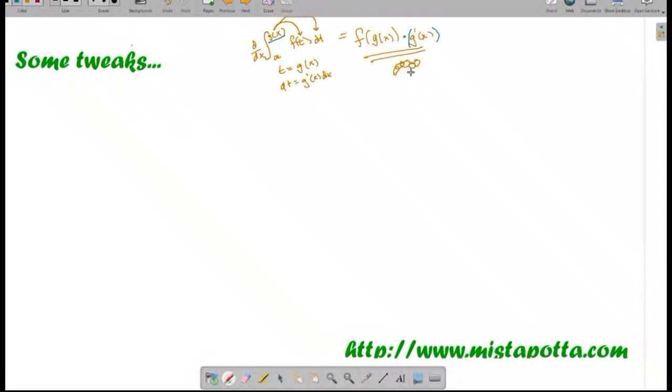The second tweak that I have is I could end up with the situation where I'm taking the derivative with respect to x of an integral that goes from x to b. In other words, these limits are put in such a way that this is my constant limit, and this down here is my independent variable.